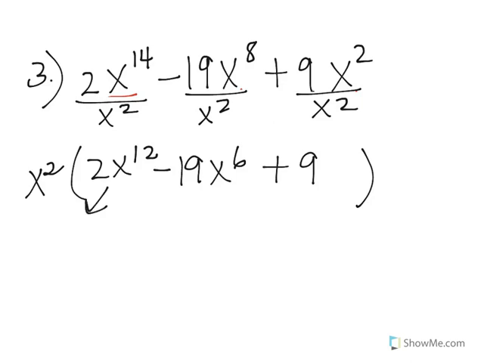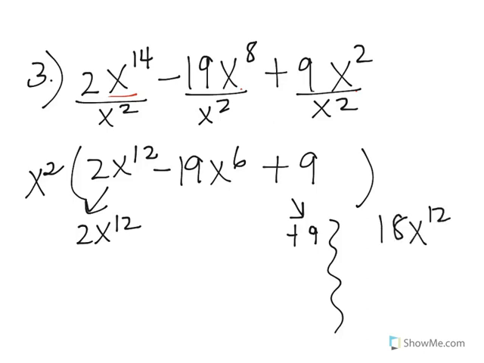So focusing on our squiggle method inside, we're going to bring down 2x to the 12th. We'll bring down positive 9, squiggle it out. 2x to the 12th times 9 is 18x to the 12th. All right, so we've got to figure out a way to factor this so that we multiply to be 18x to the 12th, but add to be negative 19x to the 6th.